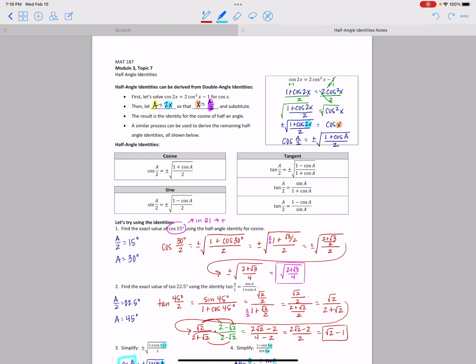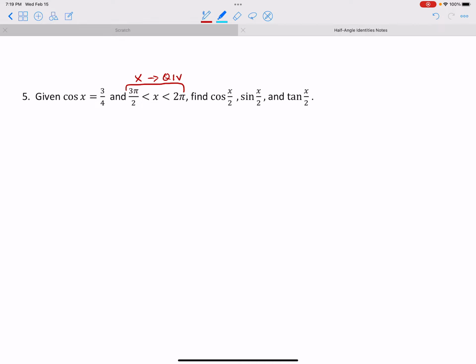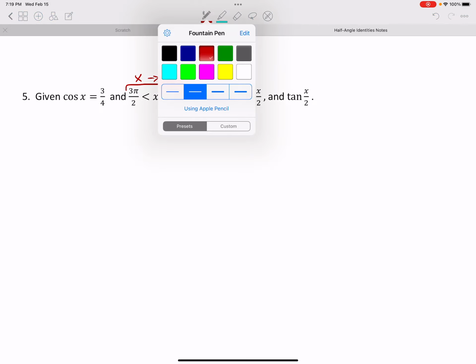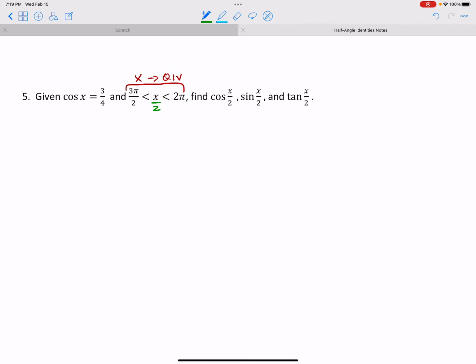The only thing we have to be careful with here is the half angle and what quadrant it's in. Our angle is in quadrant 4, but the half angle means this would be divided by 2, and these would be divided by 2 as well. So our half angle is really going to be between 3 pi over 4 and 1 pi. 3 pi over 4 is here, and 1 pi is here, which means we're looking at an angle in quadrant 2.